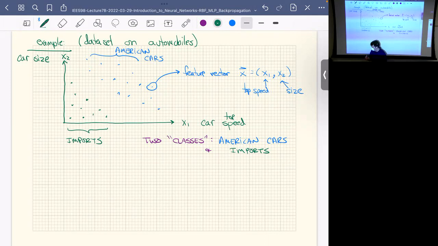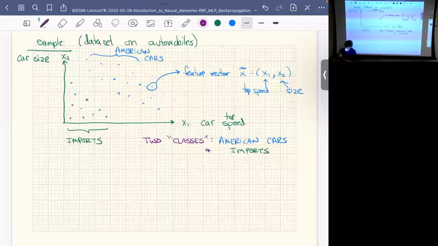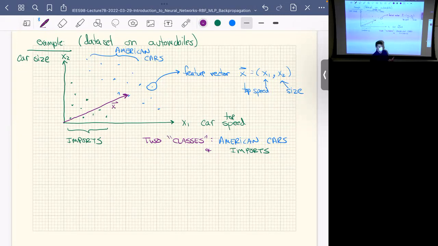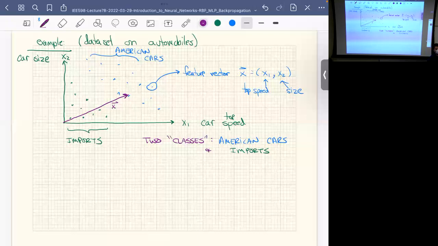So if I think about an individual X vector, like if I were to draw a line out to one of these, so here's some X vector. The weight vector is another line in this space, and the dot product is kind of a projection of one onto the other.